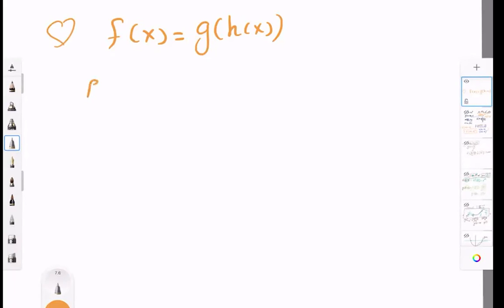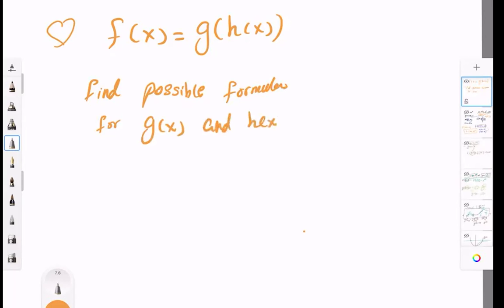They're asking us to find possible formulas for g of x and h of x.